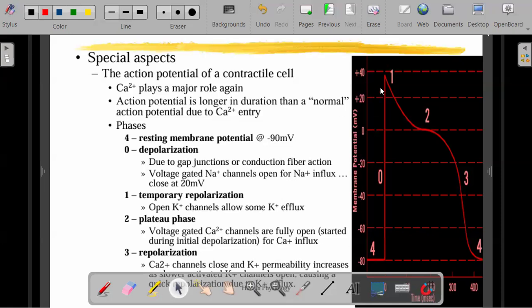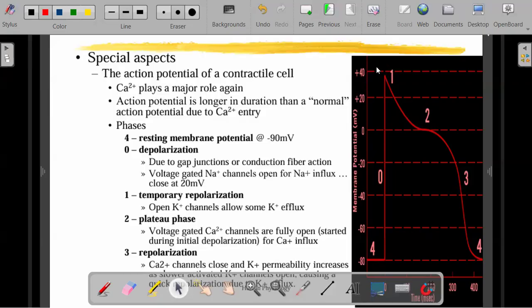Then after it surpasses 20 millivolts, it reaches its peak somewhere here. When it reaches its peak, it now enters the early repolarization phase.